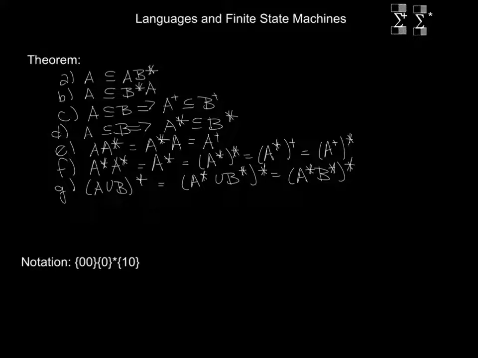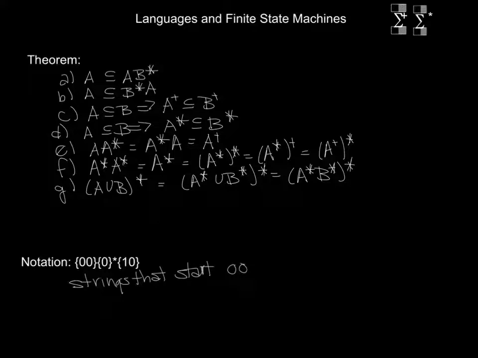This first 00 in the brackets means that we're talking about strings that start with a 00. This Kleene star here tells you that you have any number from 0 to however many, infinitely many zeros.